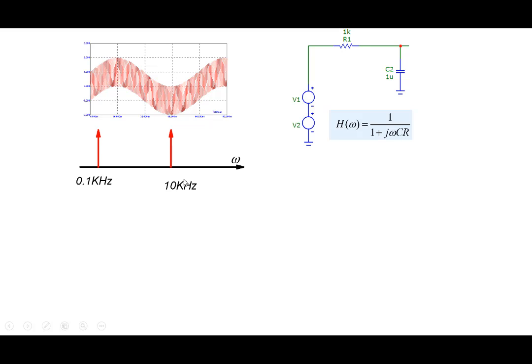Let's say the signal is actually coming from some source, and your interest is in 0.1 kilohertz, and 10 kilohertz is like noise for you. You want to remove the 10 kilohertz signal, okay?